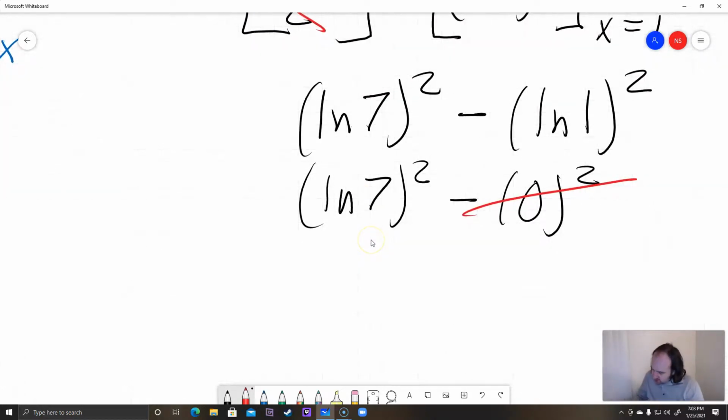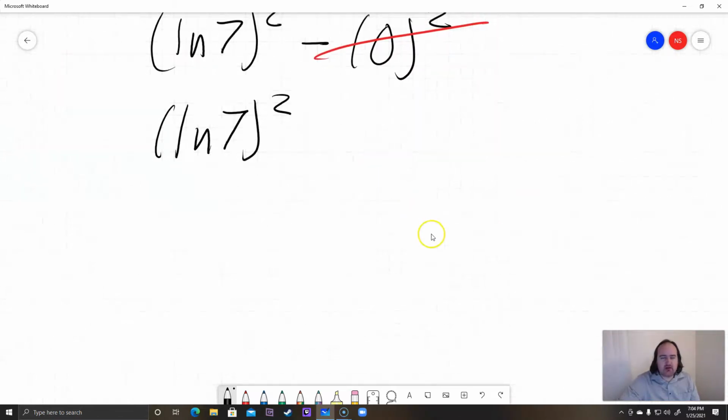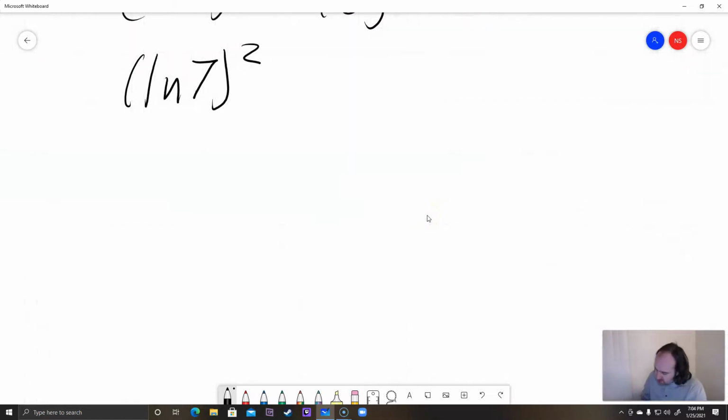Now here's something a little bit strange that you might not know. For ln of 7 quantity squared, you're not actually allowed to bring the exponent out front. The reason is the square doesn't refer to the 7, it refers to the entire logarithm. So that's an important little detail, but this is actually completely simplified.